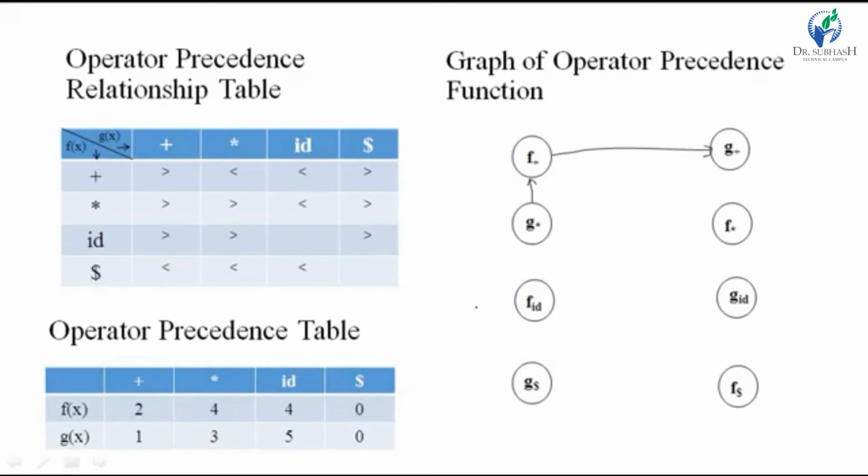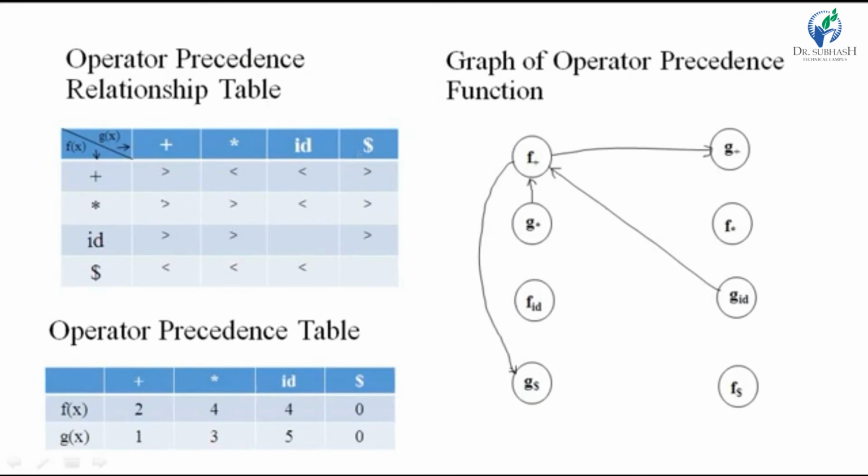Next F plus to ID: F plus to G ID, so G ID to F plus. F plus to dollar: F plus to G dollar. Next F star to G plus.